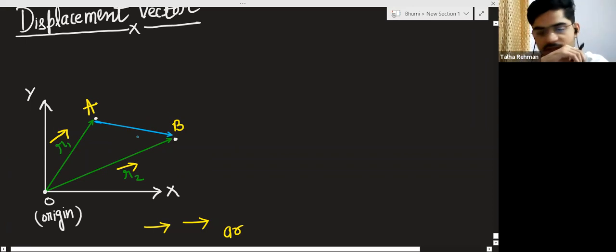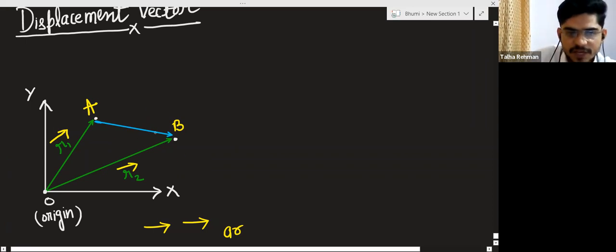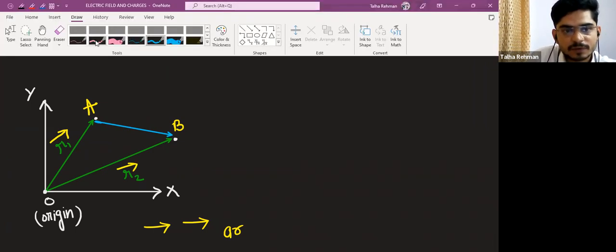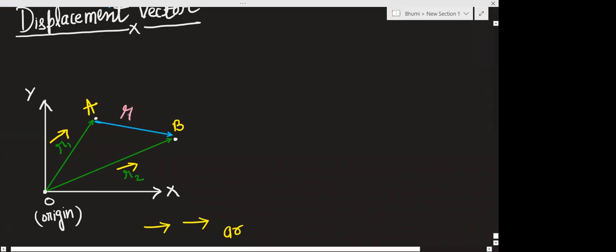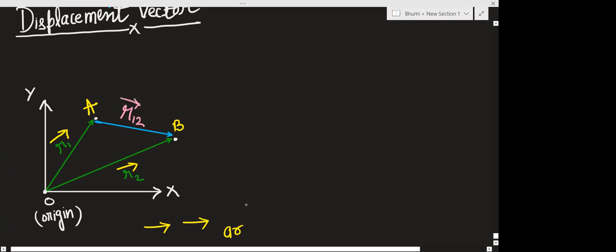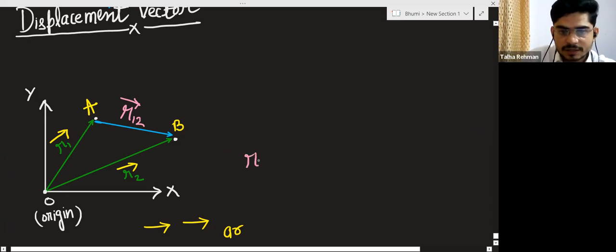AB vector is displacement vector. This AB vector is represented in the vector form as R12 vector, where I am moving from vector R1 to vector R2. This is not pi, this is R12.